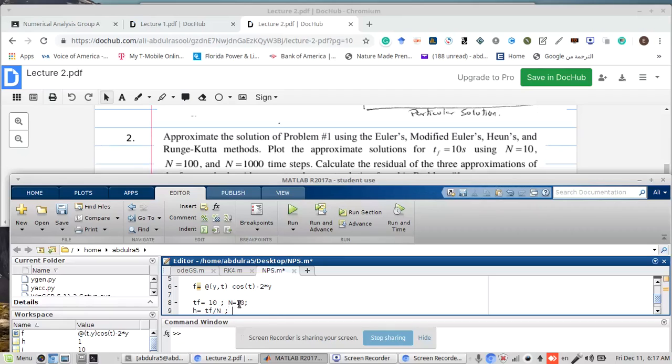As long as I increase n, I am getting a tiny h. And we know if h is very small, the approximation is very accurate, close to the exact solution, as we will see.